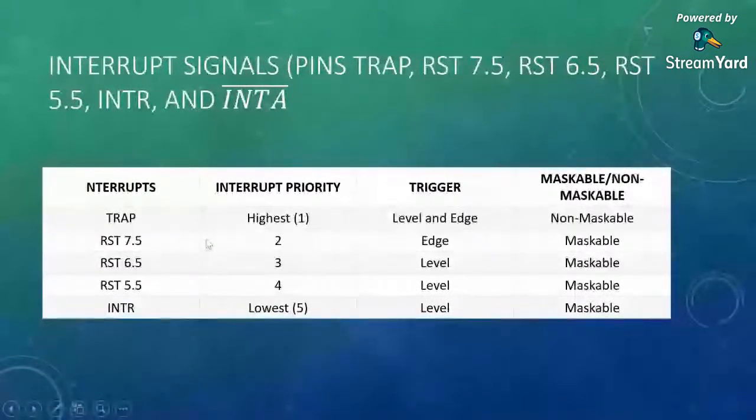So simply saying, this trap will be active if and only if you have a signal in the pin trap. Then we have reset 7.5, reset 6.5, and so on and so forth. They are the maskable interrupts. So the interrupt priority is second, third, fourth, and then the lowest one is the interrupt request level.